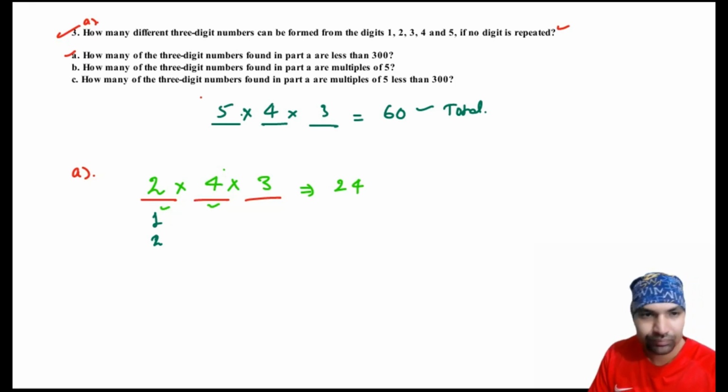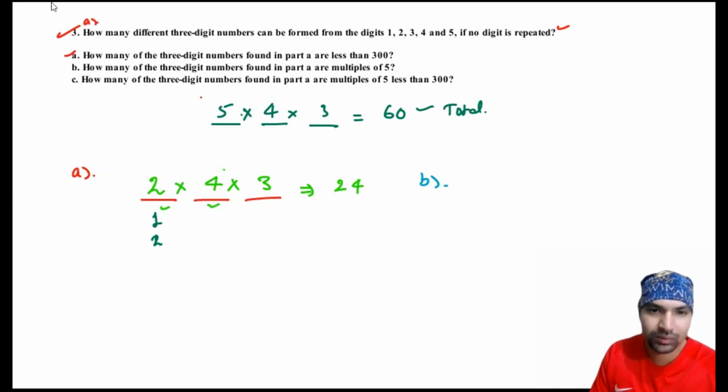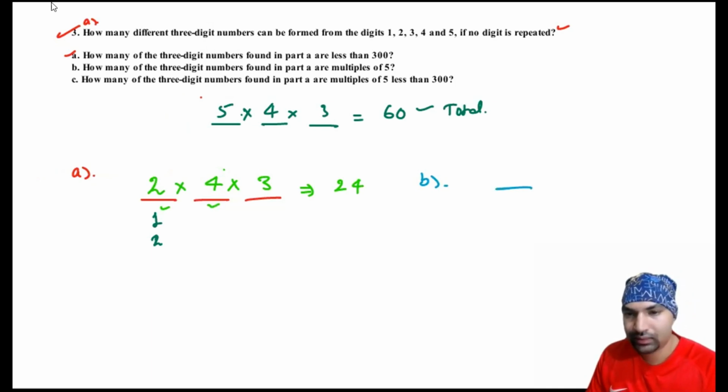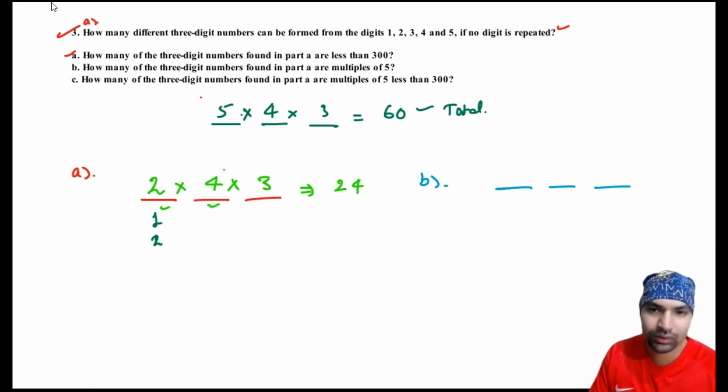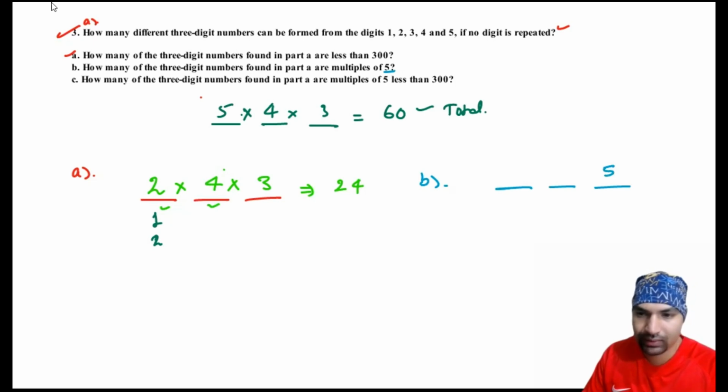Got it? Perfect. Now let's move on to the B part. How many of the 3-digit numbers found in part A are multiples of 5? So 3-digit number, multiples of 5 means what? Here we have the choices 1, 2, 3, 4, 5. And in order for the number to be a multiple of 5, the unit digit should be 5. So can I say I have to fix 5? We have fixed this.